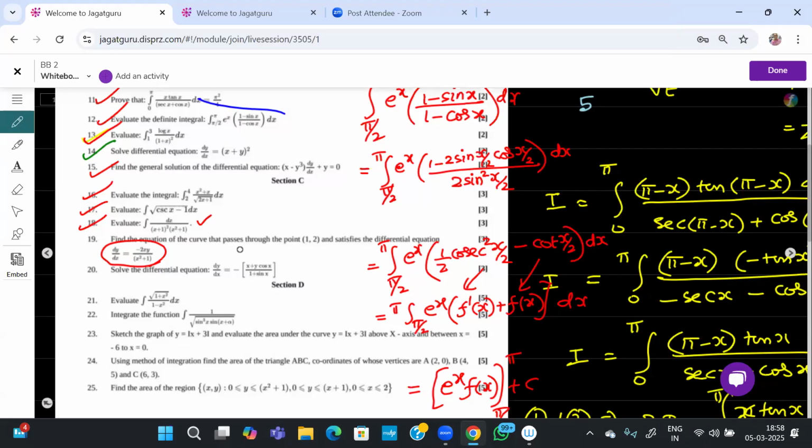Can someone tell me what type this is? Linear, ma'am. But is it not very easily separable? Because the right hand side is already a product of a function of x into a function of y, no, Aparna?